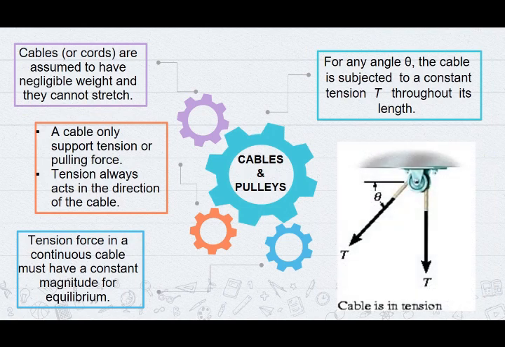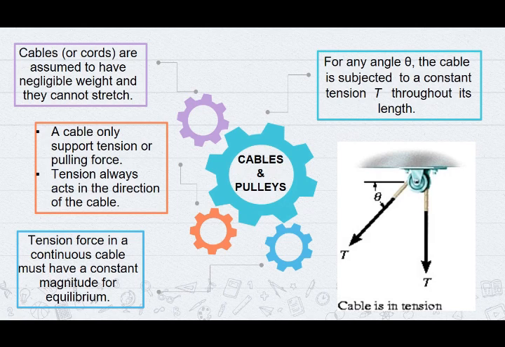Cables or cords are assumed to have negligible weight and they cannot stretch. A cable only supports tension or pulling force. Tension always acts in the direction of the cable.